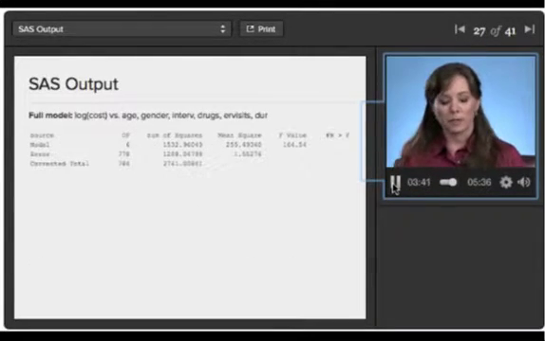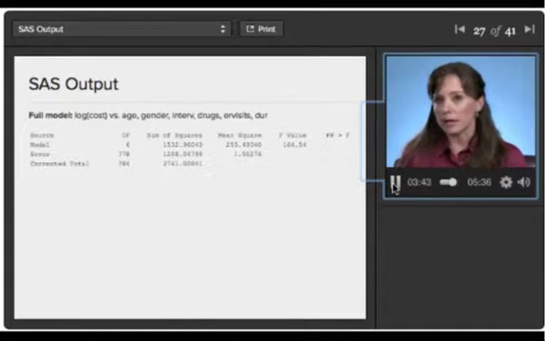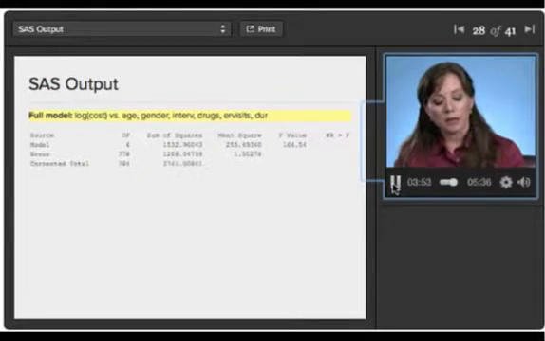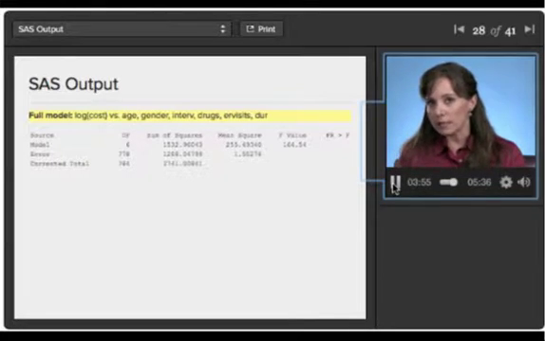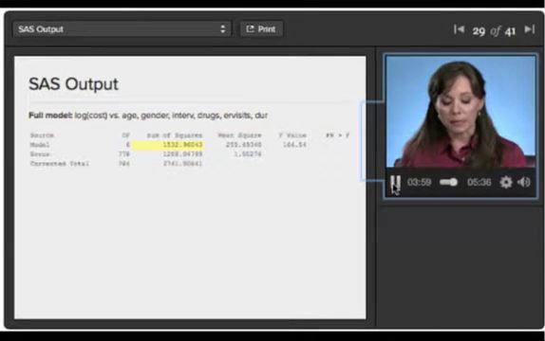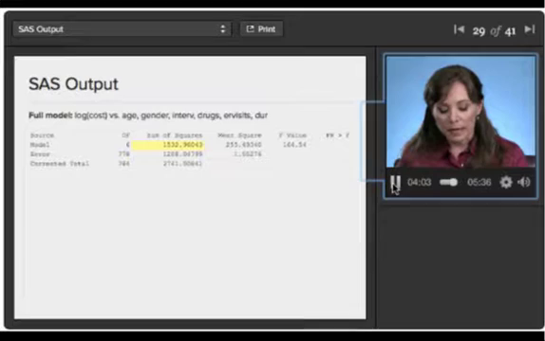Here's the SAS output. We look at the full model output from the analysis of variance piece of the regression output versus the reduced model output. So the full model again is the log of cost versus age, gender, number of interventions, number of drugs, ER visits, and duration of the stay. From this we see that the sum of squares for the full model is 1,592.96.